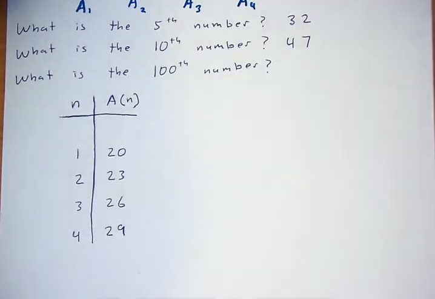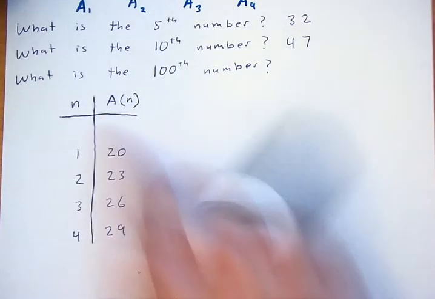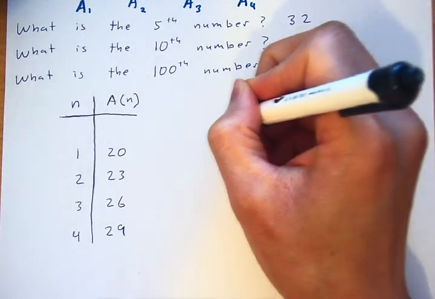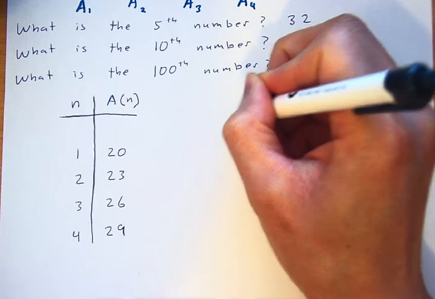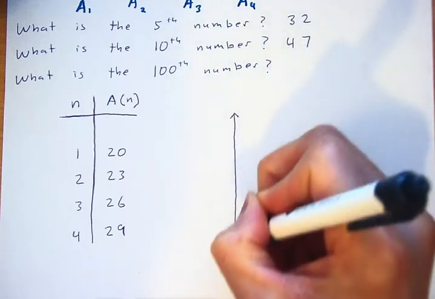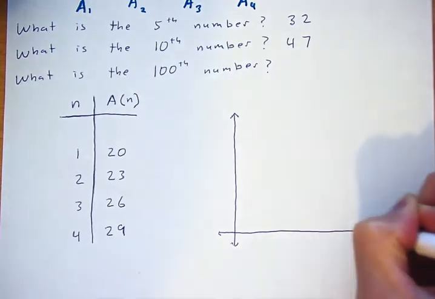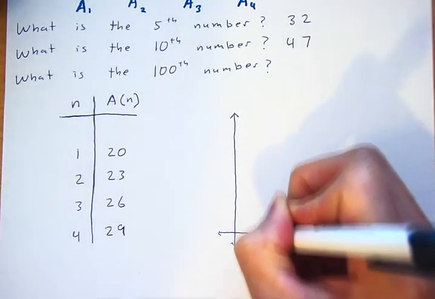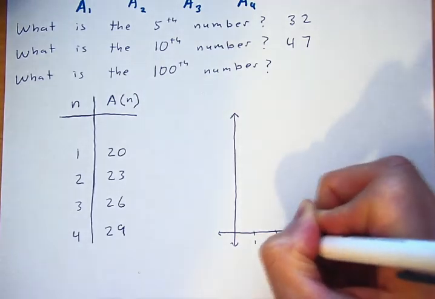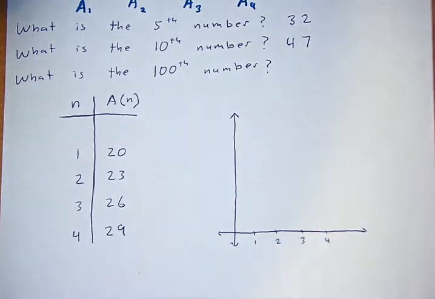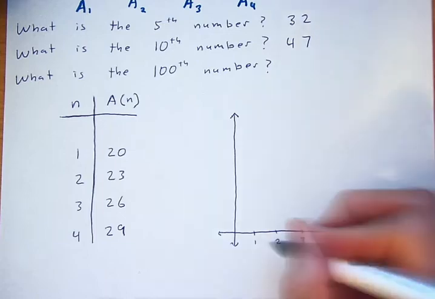So if I were to put this onto a graph, here's 1, x equals 1, x equals 2, x equals 3, x equals 4. But I'm calling these n's.